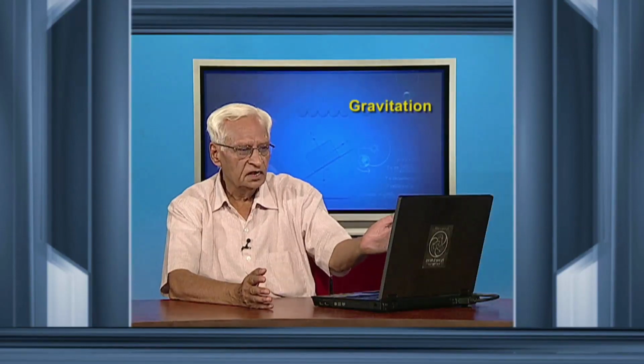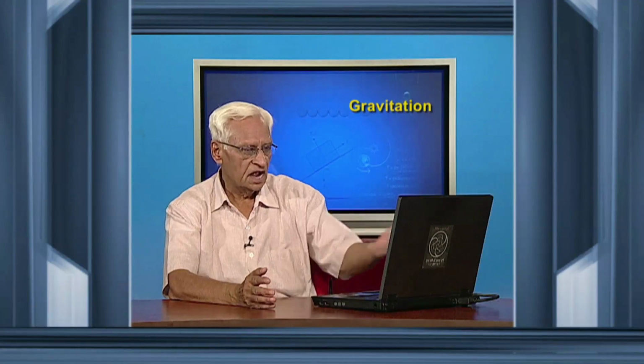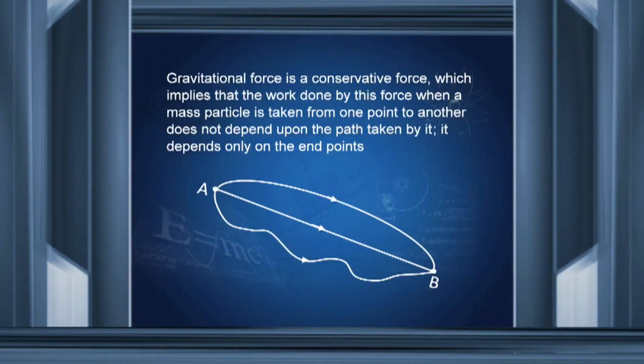It depends only on the end points. I have shown you three paths. Whether you take B to A by this path, or A to B by this path, or by this path, the work done is the same. It does not depend upon the path, it depends only on the positions A and B.